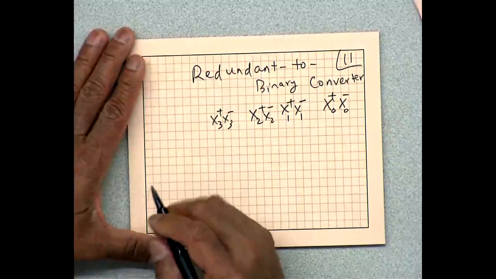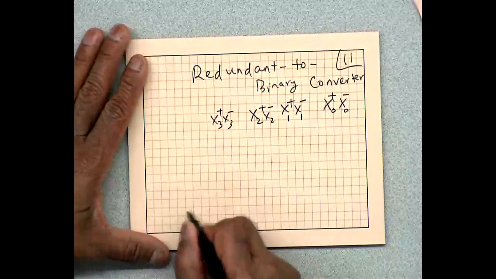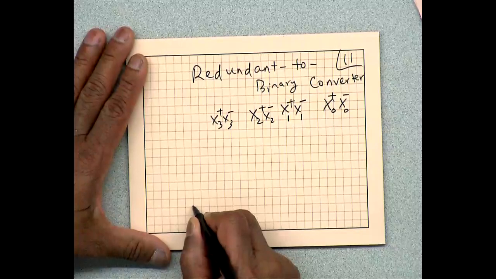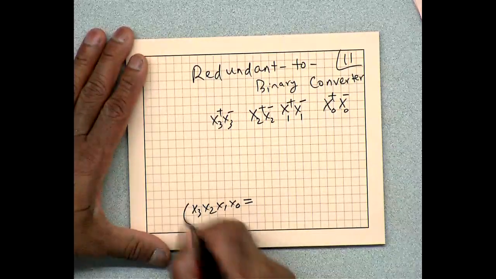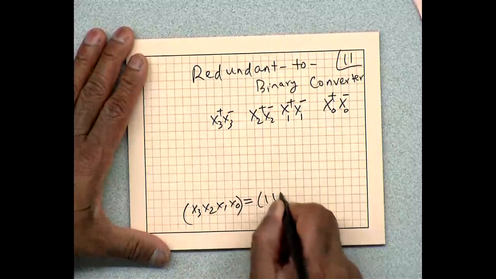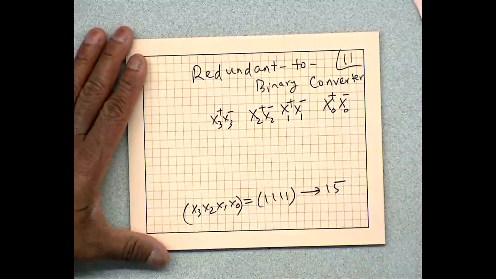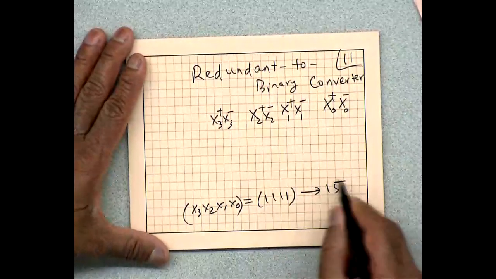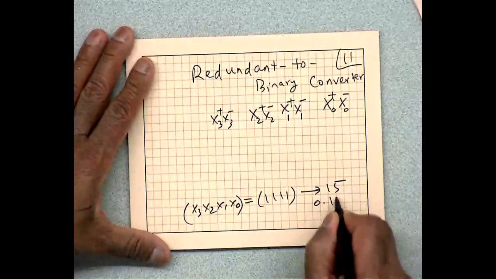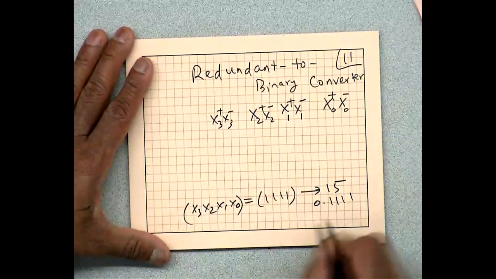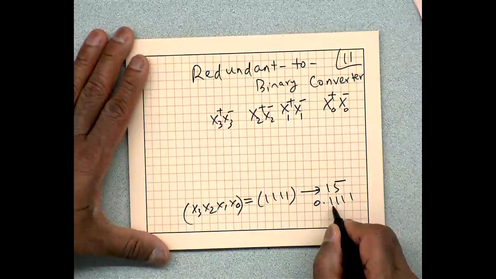Well, okay, that's not really true. If I have x3, x2, x1, x0 equal to 1, 1, 1, 1, which is really 15, 8 plus 4 plus 2 plus 1, how do I represent 15 in 2's complement numbers? That will be 0.1111, because remember, the most significant bit would be the sign bit.